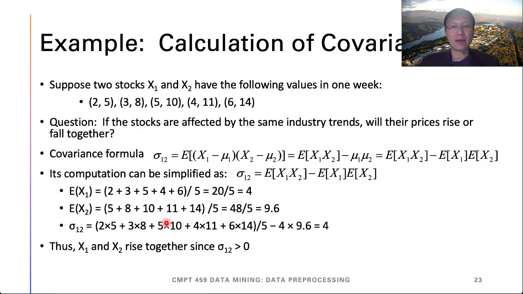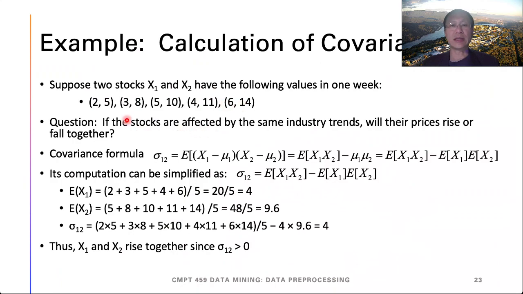Let me give you one example. Suppose we have two stocks, x1 and x2, with the following values in 1 week: x1 takes 2, x2 takes 5; x1 3, x2 8; x1 5, x2 10; x1 4, x2 11; x1 6, and x2 14.